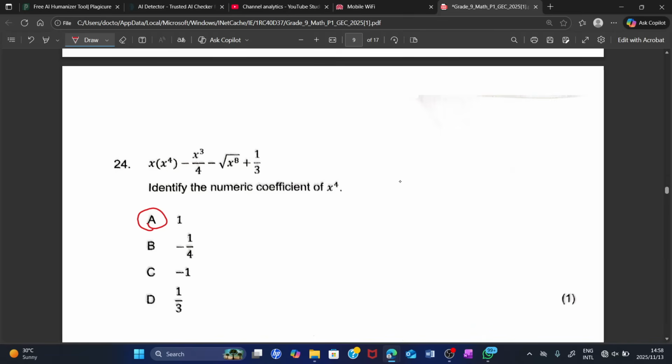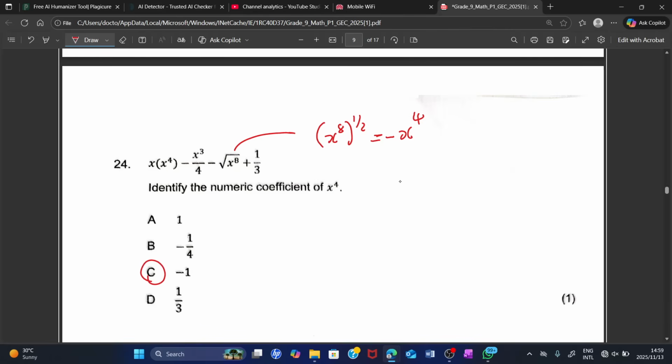That is A. Okay, but let me first check something before I say A. Let me solve this. This is x to the power of 8 to the power of 1 over 2, and then that is x to the power of 4, minus 1.